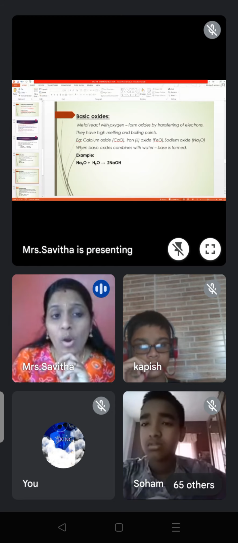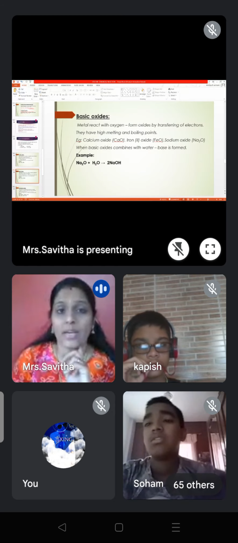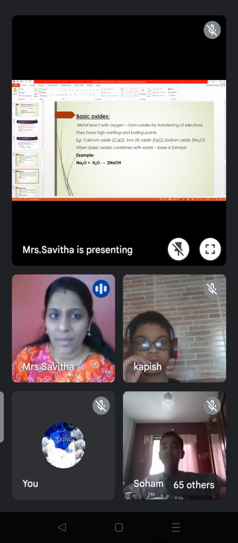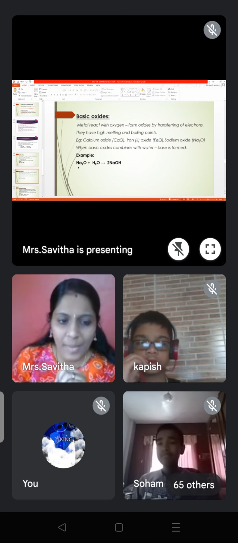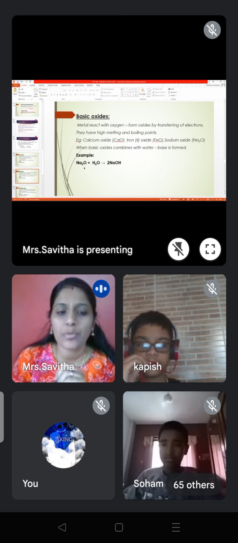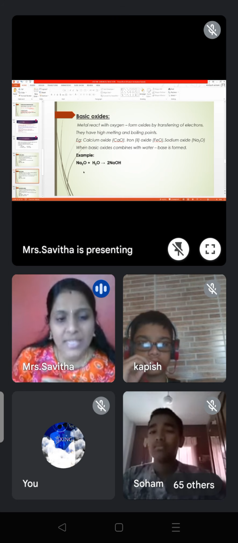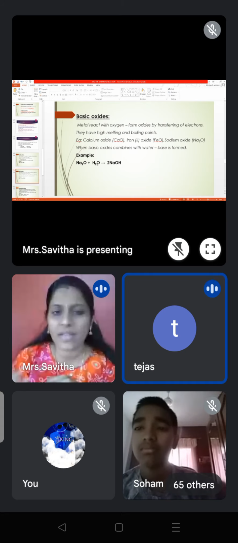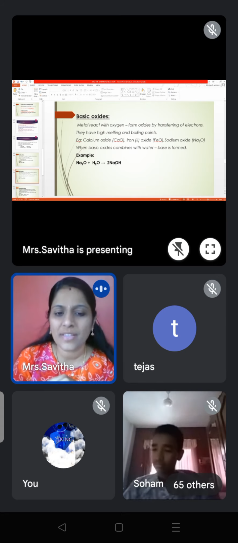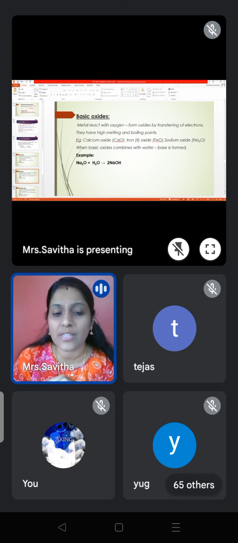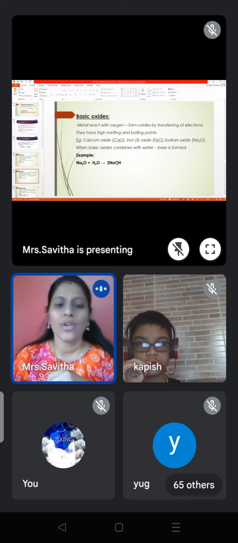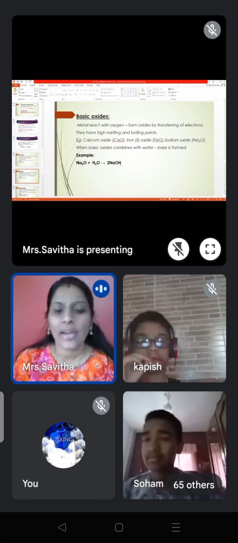Now why are we calling it a basic oxide? The name is metallic oxide, still we call it basic oxide. Why? For example, Na2O. When a basic oxide reacts with water, it forms a base. How do you identify this as a base? There is OH. Very good. So NaOH.